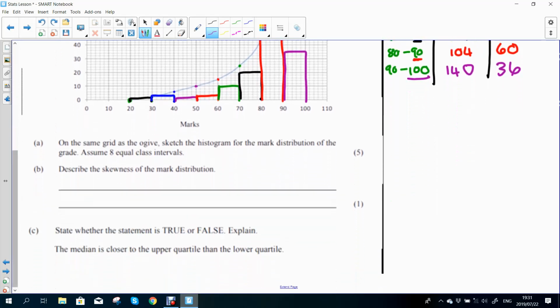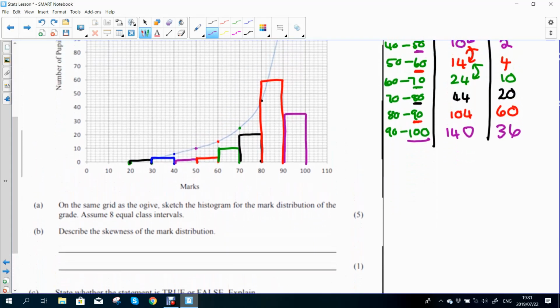Describe the skewness of the mark distribution. Now, guys, if you look at the histogram, you have a lot of values here. You see how high those bars are. So a lot of your values are grouped to the right. So a lot of them are lying on the right-hand side.